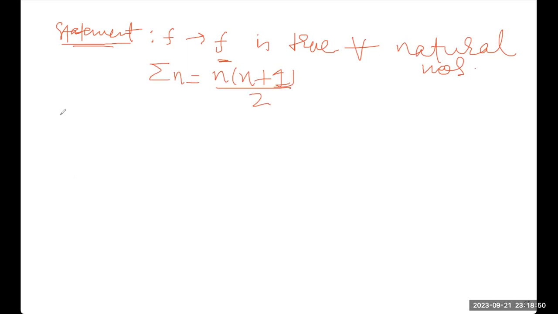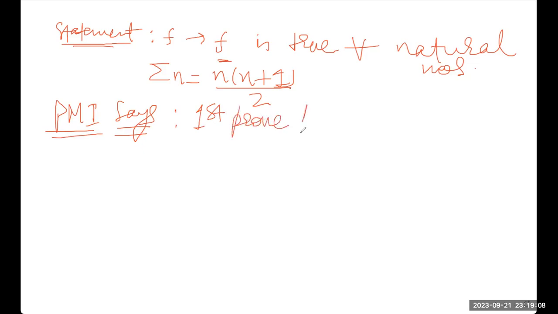So the Principle of Mathematical Induction, PMI, says: first, prove for f of 0 or f of 1, or both. It means f of 0 or f of 1, both are true.